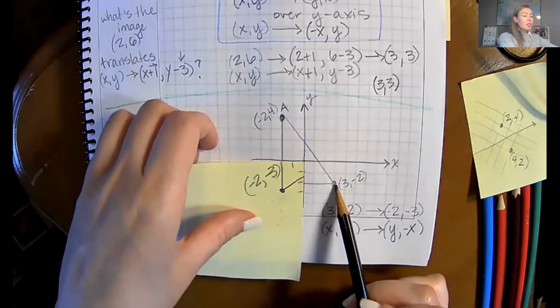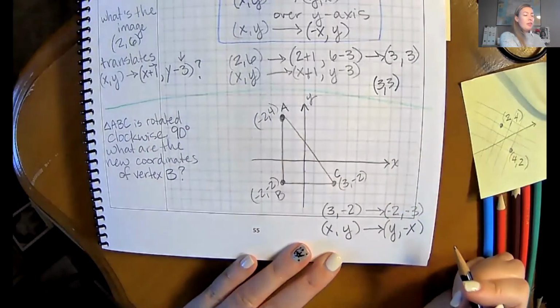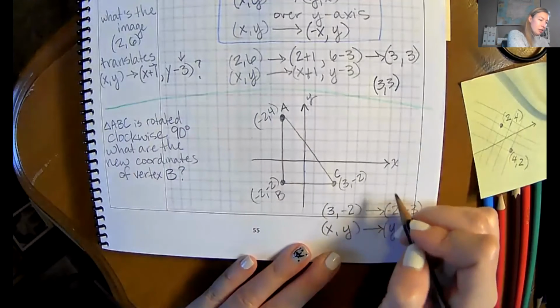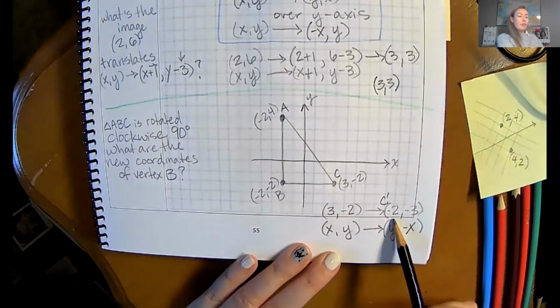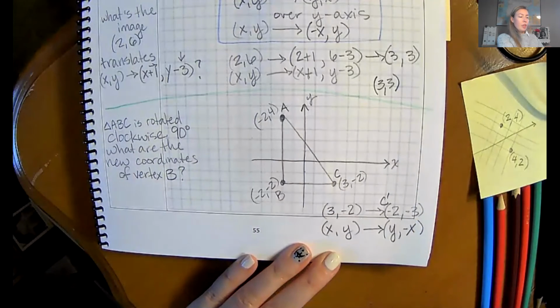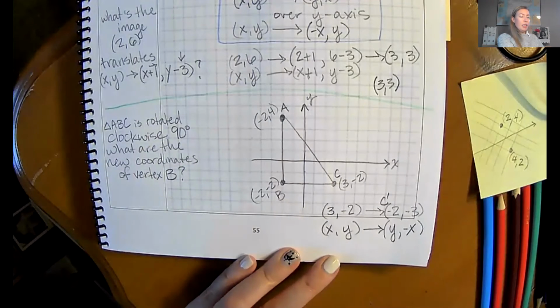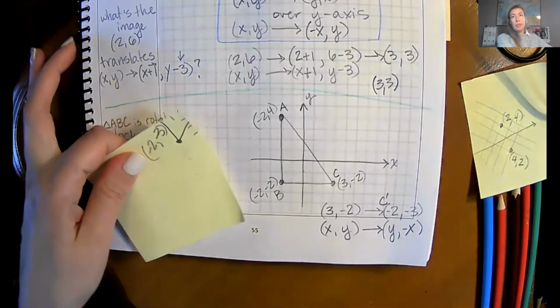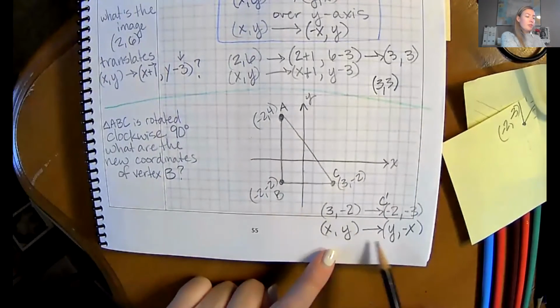So if I move this point C, the image of C goes over to -2, -3. So if I want to use this formula and find point B instead of trying to use my piece of patty paper, then I'm going to use the formula.